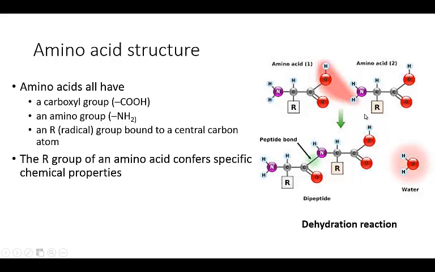It is going to be removed. This carbon and nitrogen are then able to bond directly together. So now you have this C double bonded to an O, this carbon bonded to the nitrogen, this hydrogen still hanging around. And we're going to call this a peptide bond. The R groups, we're going to talk about those now. They're going to give it very specific chemical properties.